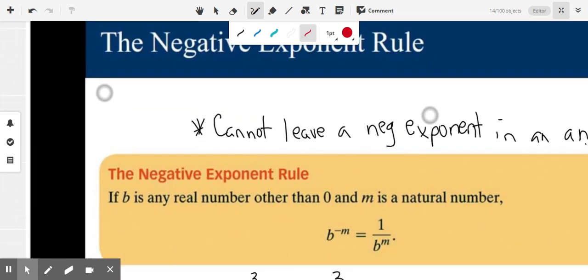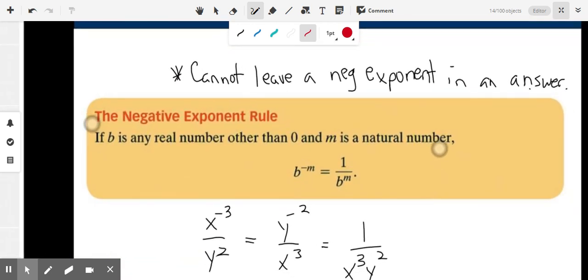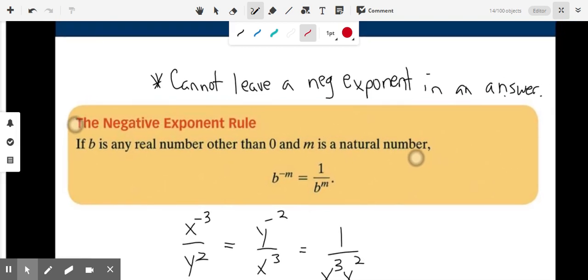All right, now, one more thing about exponents is you cannot have an exponent that is negative left in an answer. If you have an exponent that is negative, we have to do some adjustment to fix that. It is not simplified if the exponent is negative.